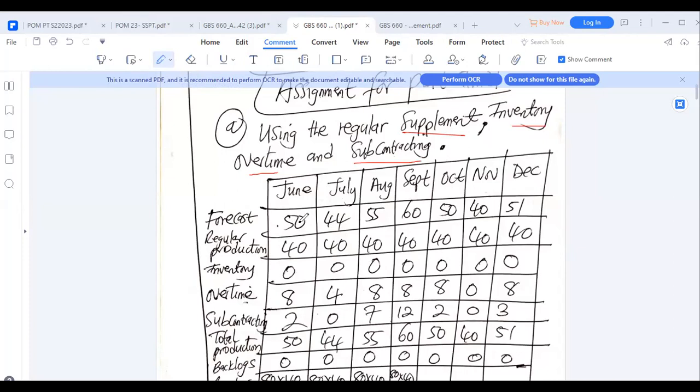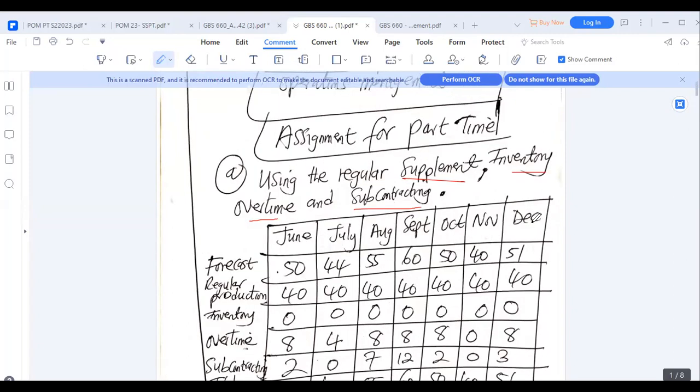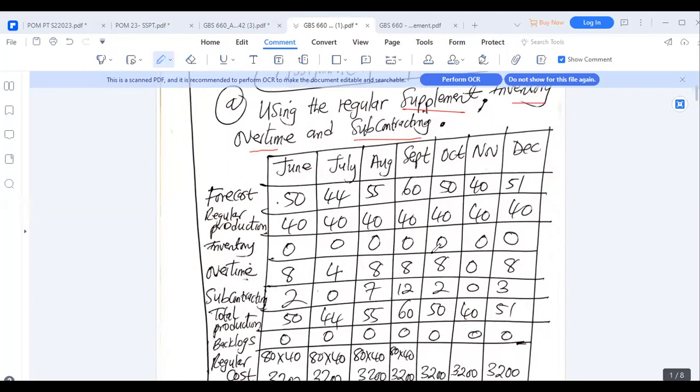But we need to meet the demand of 50 in June, 44 in July, 55 in August, September is 60, October is 50, November is 40, December is 51. So these are the units that we need to meet, as we are supposed to meet our demand. All right, so what this is telling us is that we need to produce to meet our demand.